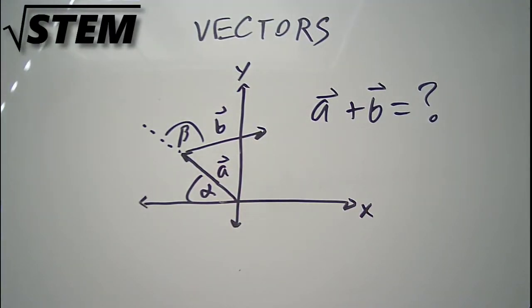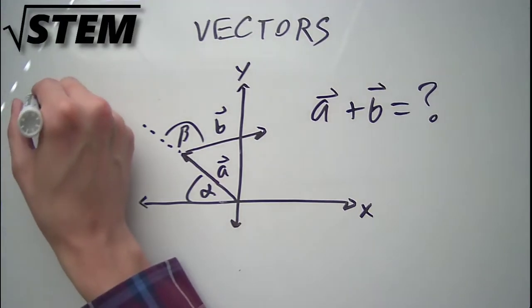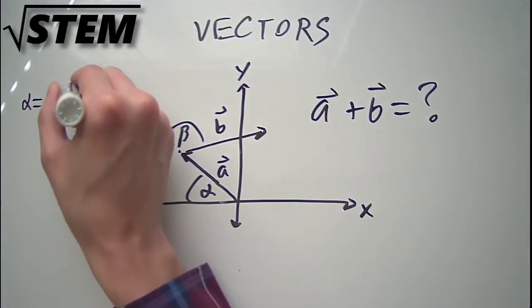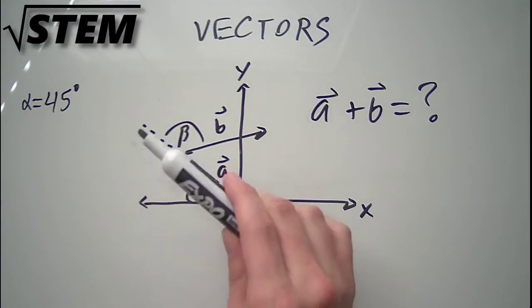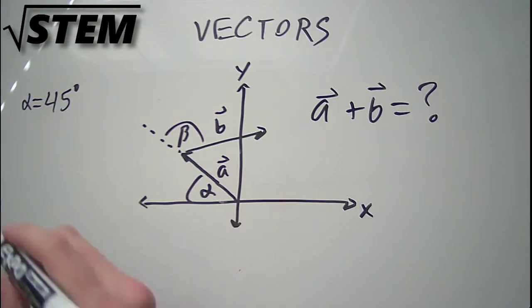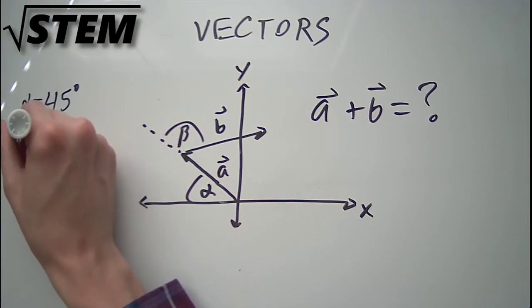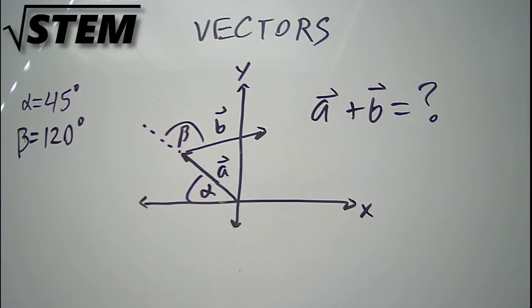Now we have a few of the parameters given to us. We have this angle alpha that A makes with the x-axis is equal to 45 degrees. Then this angle beta that B makes with the line that A comes off of is beta equals 120 degrees.